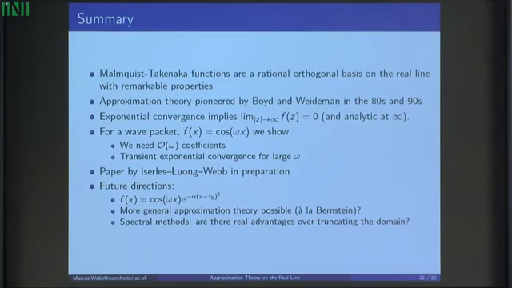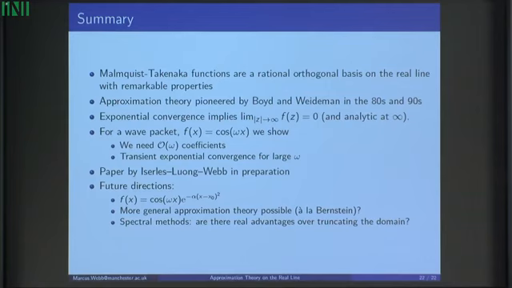Part of the work they did showed that you will only get exponential convergence if, but not only if, the function tends to 0 at infinity in all directions, and it's analytic at the top of the Riemann sphere, which is a strong condition which suggests this is going to be a useless basis. However, I've not written down a wave packet correctly. There's supposed to be an e to the minus x squared. Oh well, something like that.